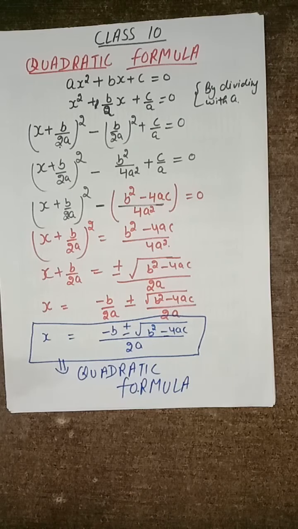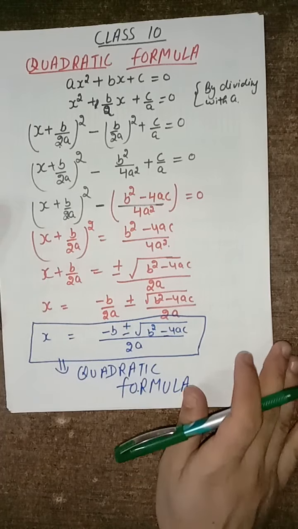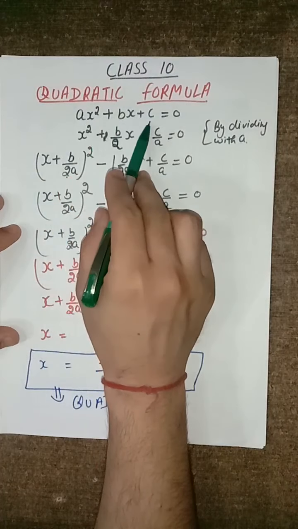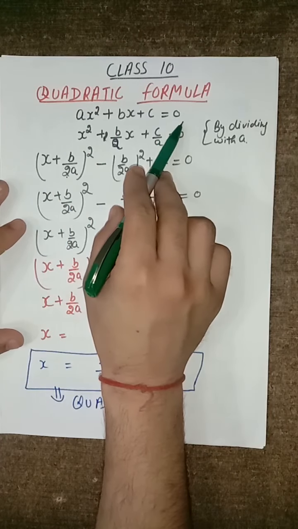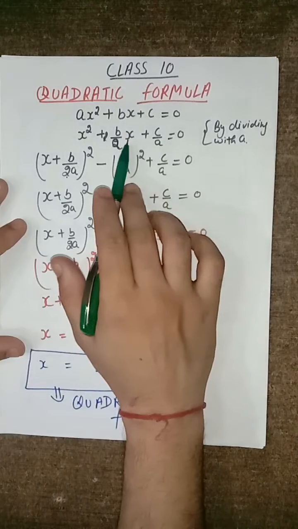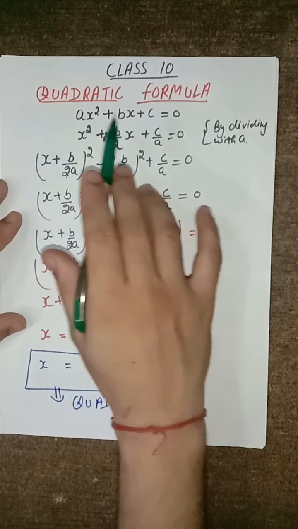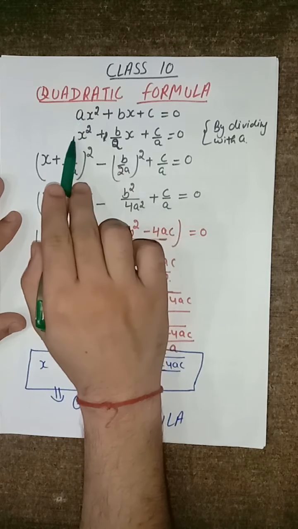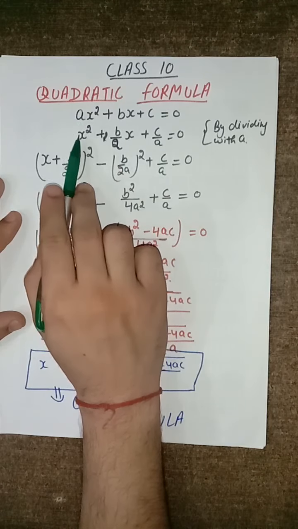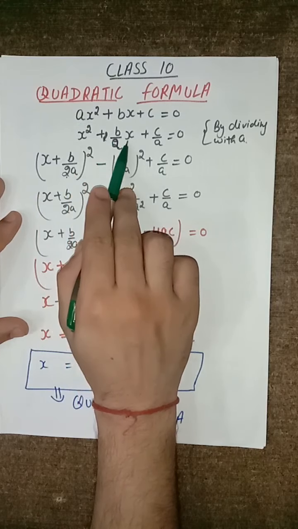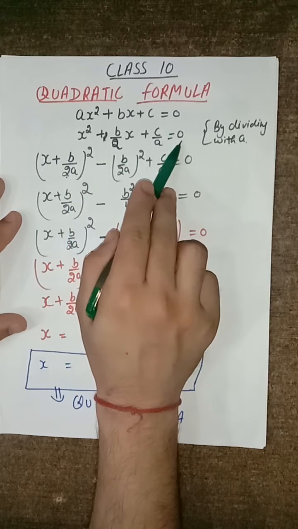First of all, take any general quadratic equation, that is ax square plus bx plus c equals 0. Now if we want to apply the completing the square method, the first step is to divide this by a. This will become x square plus b divided by a x plus c divided by a.